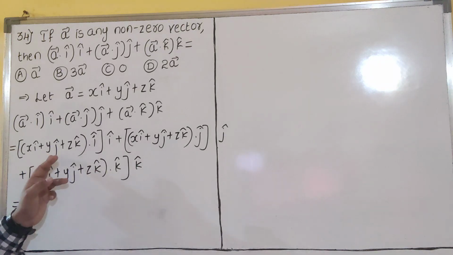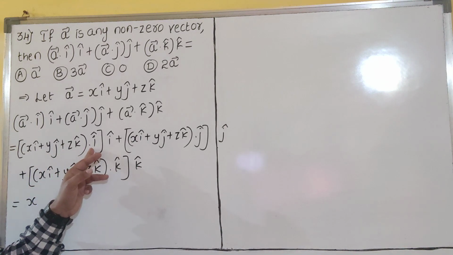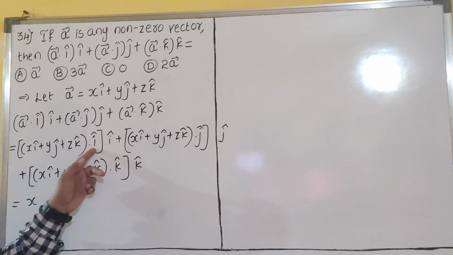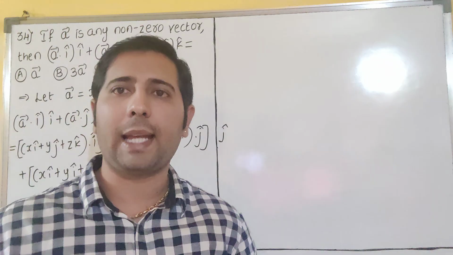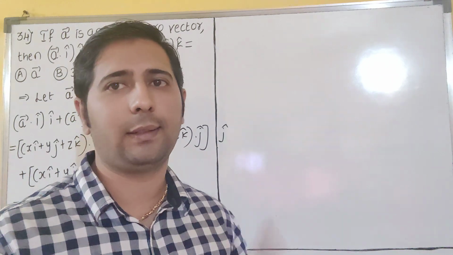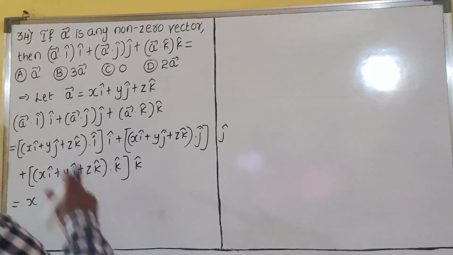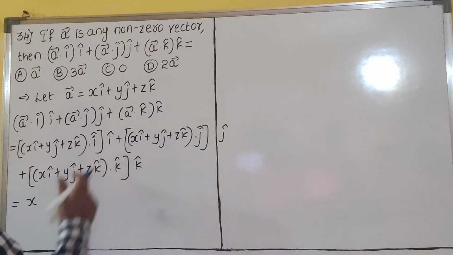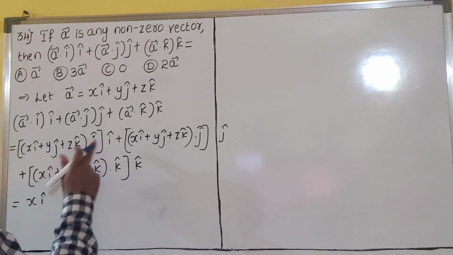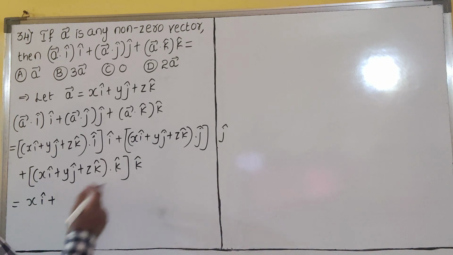Now j to I we can't do, because j dot I cap is 0, dear students, that's why we will not do that. Even k dot I cap is also 0, we will leave. So what is left now is only I cap outside.